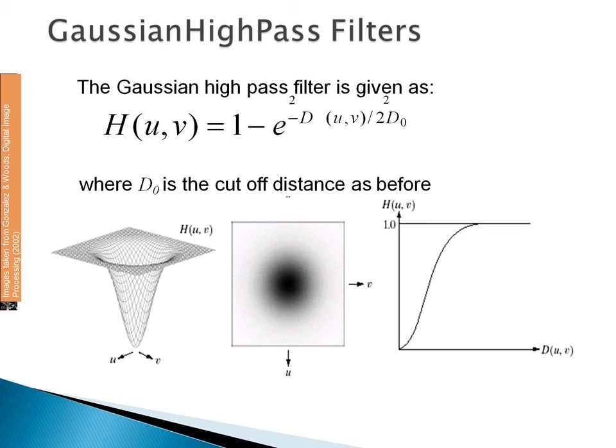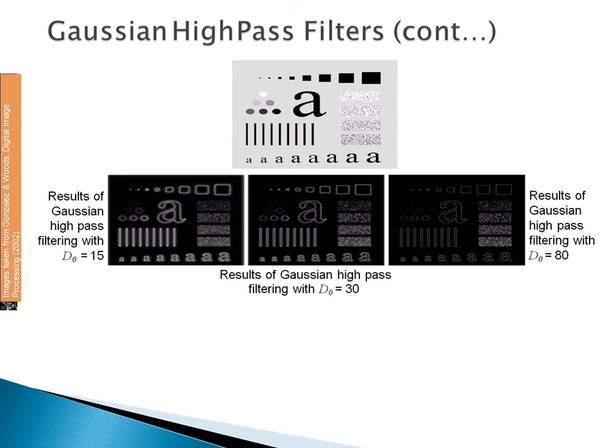In the Gaussian high pass filter, we can see how this H(u,v) can be obtained for different values of D(u,v). This is the output we are going to get for a Gaussian high pass filter.